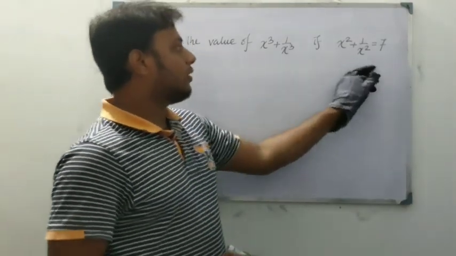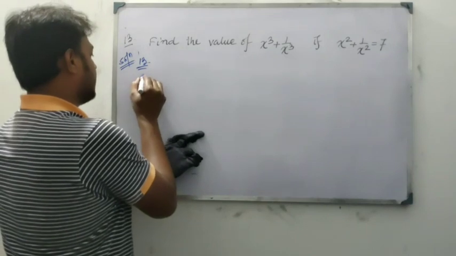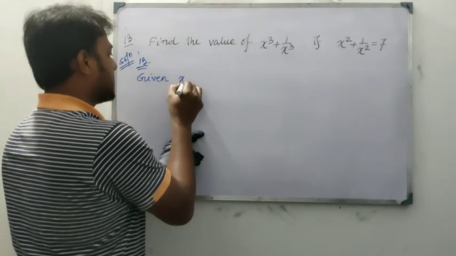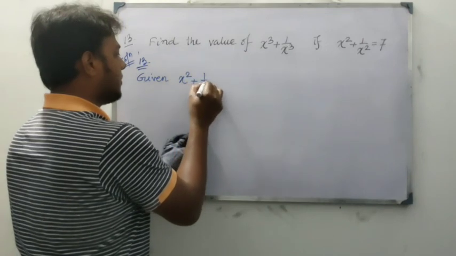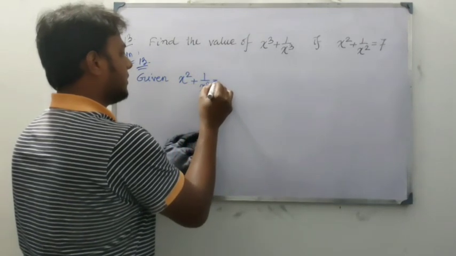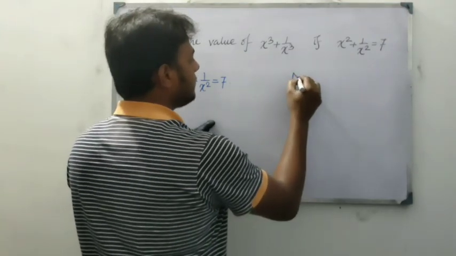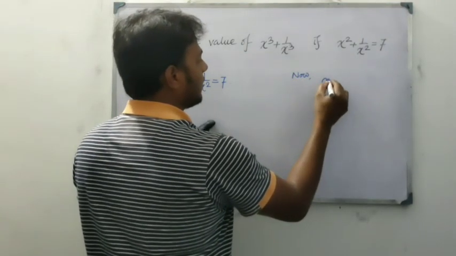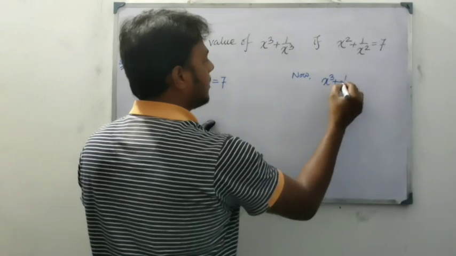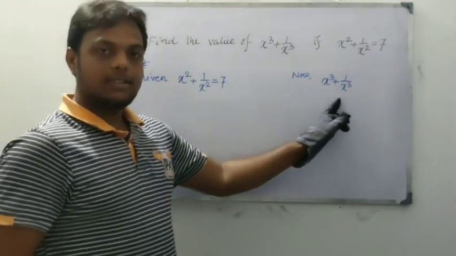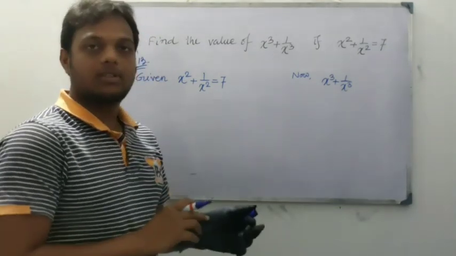Given that x square plus 1 by x square equals 7. It is given, and you have to find x cube plus 1 by x cube. Okay, our target is this and given is this.